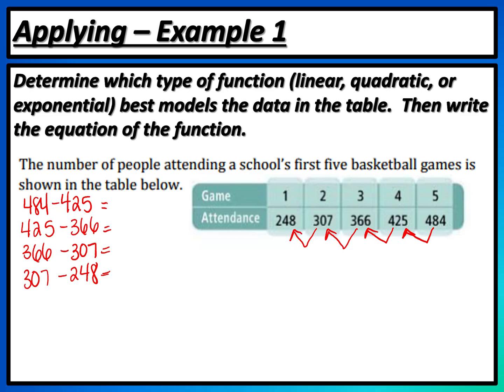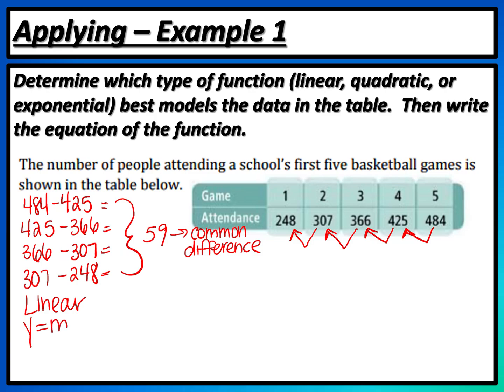If we subtract all of these, you'll find that each one has the same difference of 59. That makes this the common difference, and so this is a linear model.